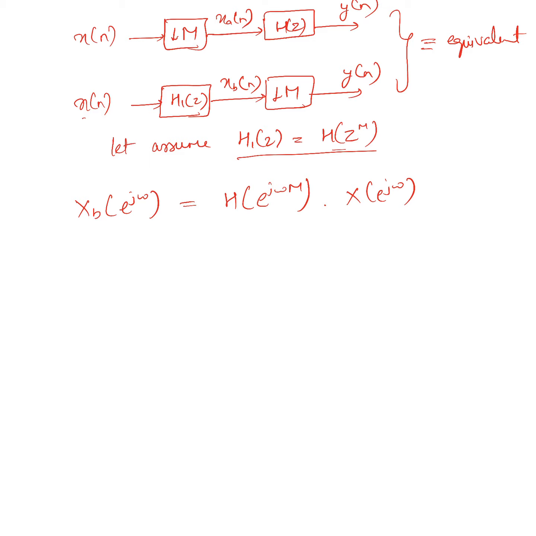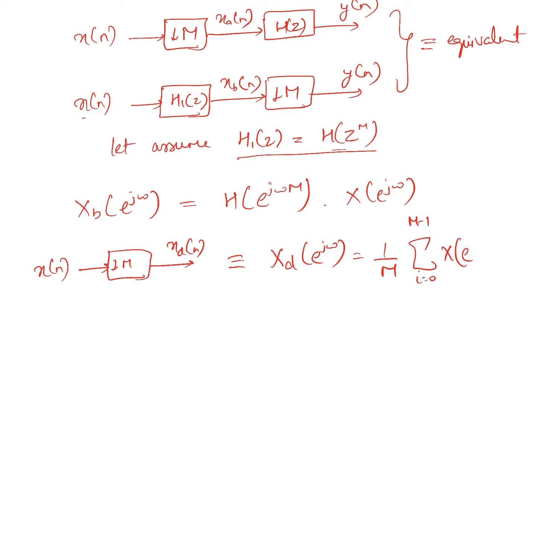Now recall from the downsampler that if we had this block diagram, which we denoted by xd of n, in the frequency domain the output of this downsampler would be Xd of e to the power j omega, which would be equal to an amplitude scale and summation of i equals 0 to m minus 1 of X of e to the power j omega minus 2 pi i by m.